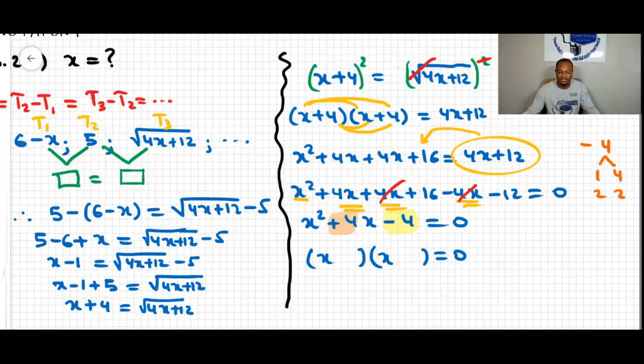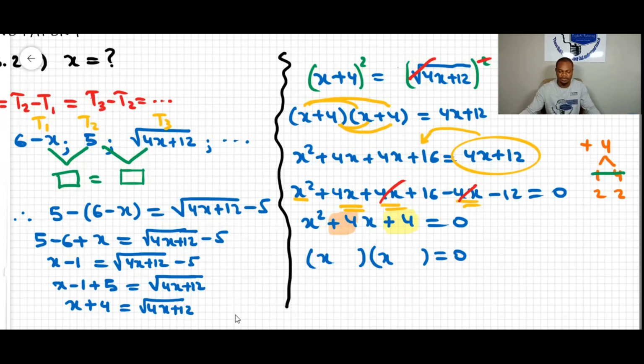The middle term is positive 4. With 1 and 4, we cannot make a sum equal to positive 4. But with 2 and 2, yes, we can. And of course, 2 times 2 makes positive 4.